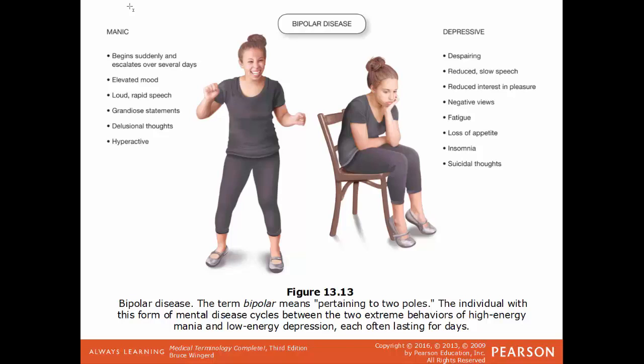And then on the other extreme, the depressive side, reduced and slow speech, very negative views, very fatigued, suicidal thoughts, insomnia, a reduced interest in any type of pleasure. So this is bipolar disease, going back and forth from a very manic state to a very depressive state.